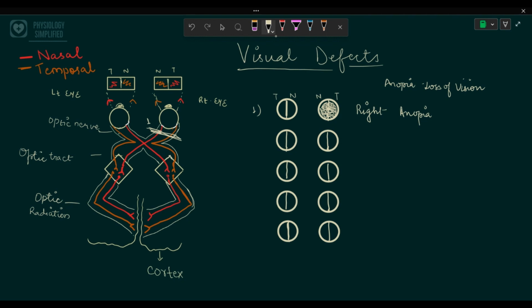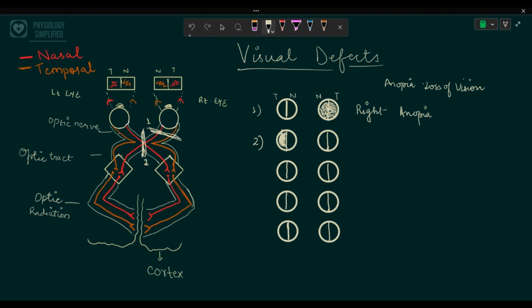Now the second case is when the damage is at the optic chiasm. As you can see, in this case, both the nasal fibers from each eye are damaged. So the temporal part of the visual field will be gone in the left eye as well as in the right eye.